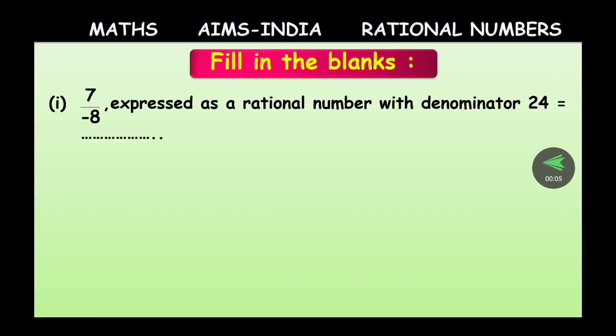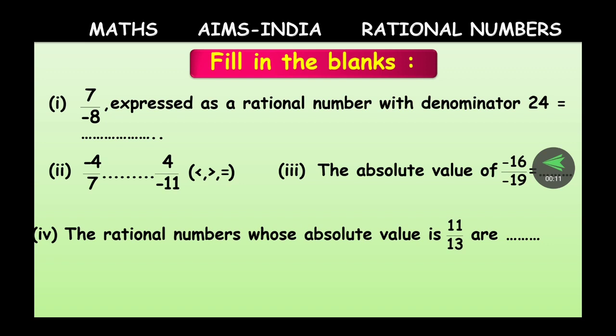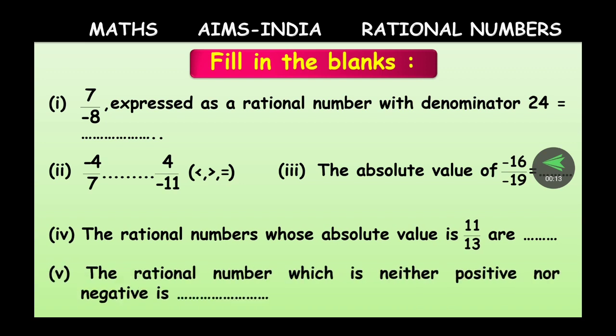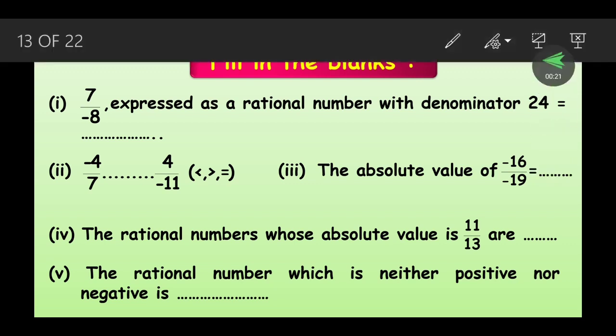Okay children, let's solve some fill in the blank questions based on the present concept. So here 5 fill in the blanks questions are there. Let's try to solve them. So what is the first question? 7 by minus 8 expressed as a rational number with the denominator 24.